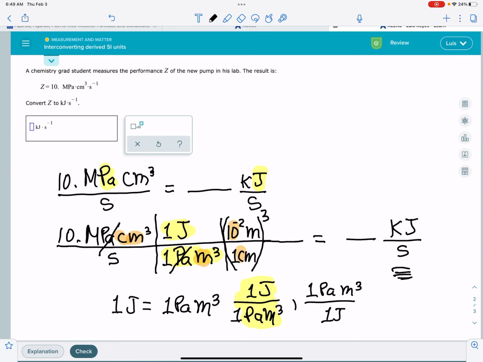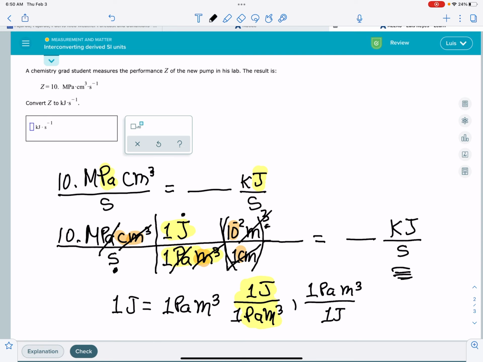So my cubic centimeters will cancel with my cubic centimeters. That's gonna give me cubic meters on top, and that cubic meter will cancel with this cubic meter. So my meters are gone. All I have left now is my joules and my seconds.